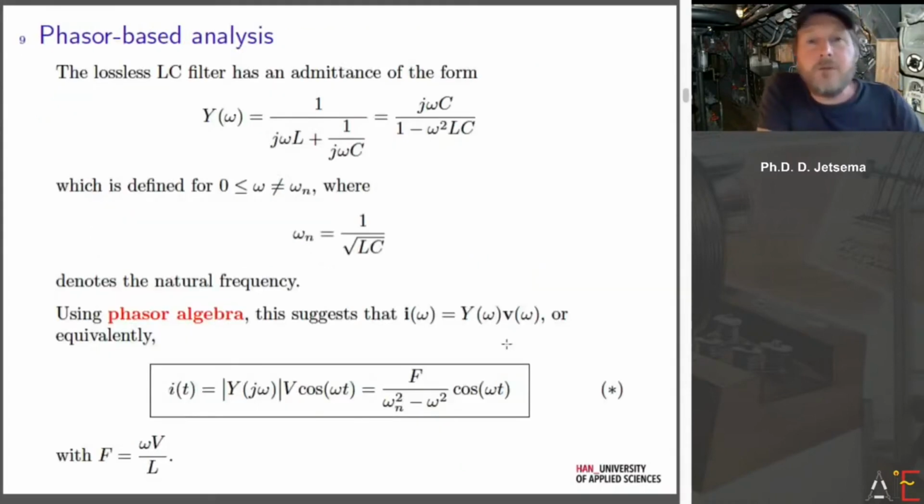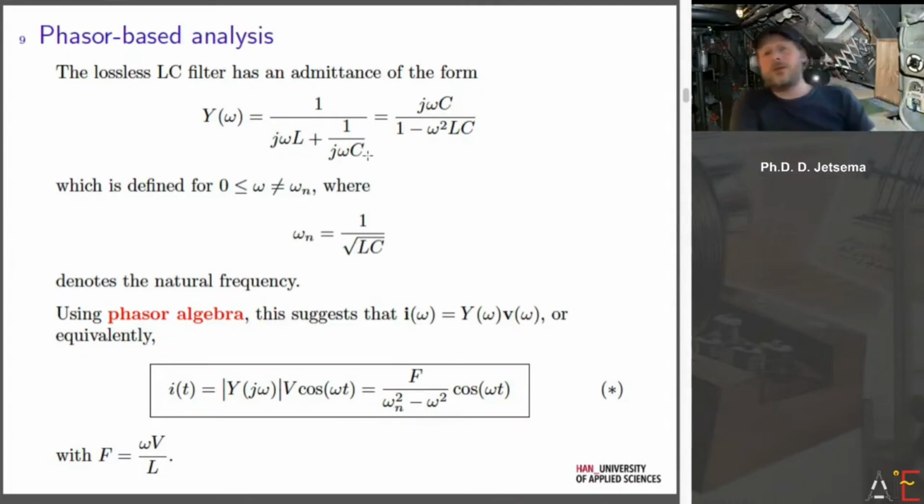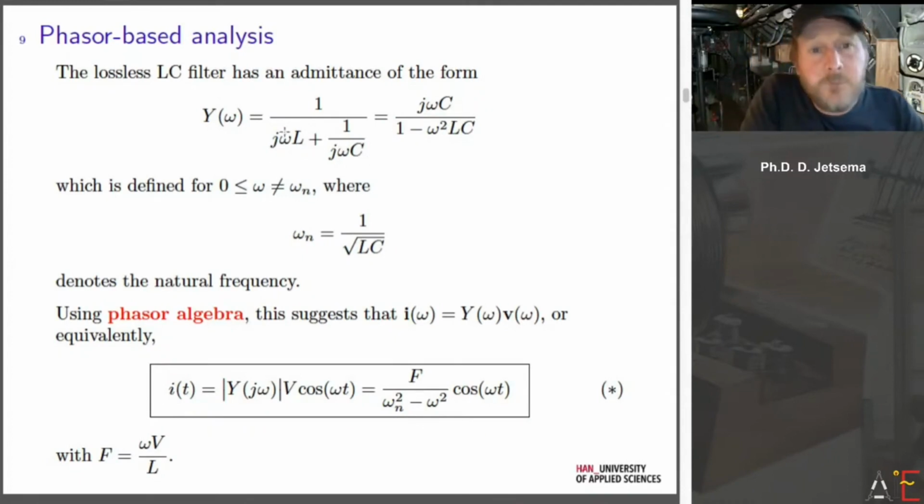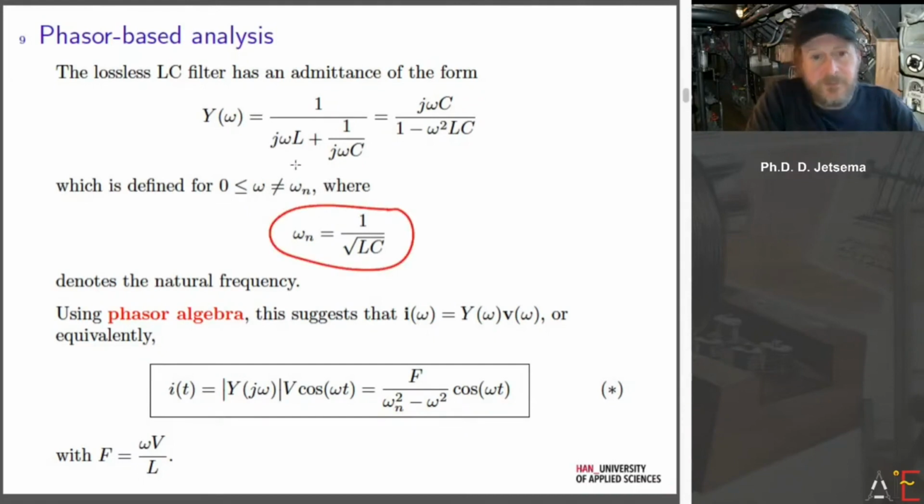We have seen from session 1, and you know this from undergraduate studies, that if you approach this lossless LC filter from a frequency domain perspective using standard phasors, then this will be the admittance of this circuit. And this is well defined for all frequencies except the natural frequency, which is given over here. That's the resonance frequency of this filter.